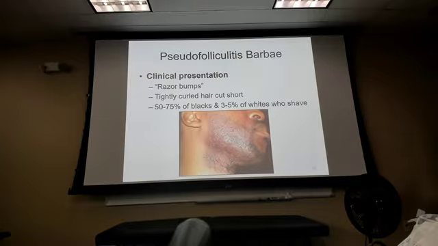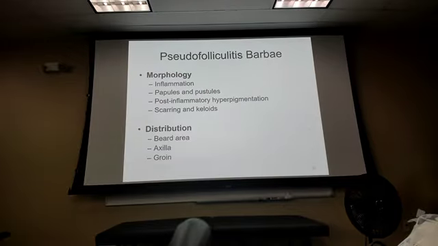So we can see all of that along the jawline and chin, okay? 3 to 5% of whites who shave, but PFB most commonly happens with our African Americans, okay? Profiles for that was something that I wrote many, many times, but apparently now it's going away. Who knows?